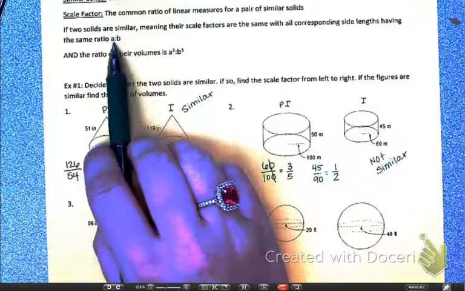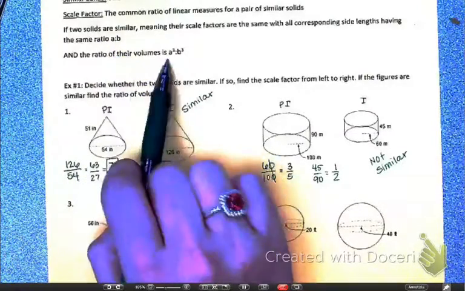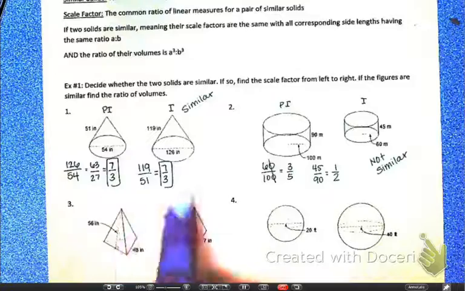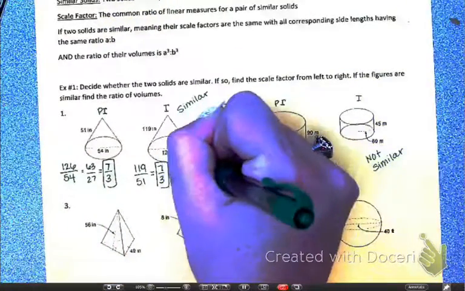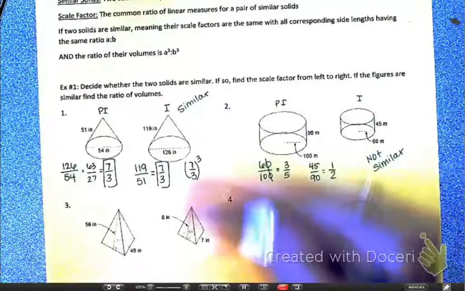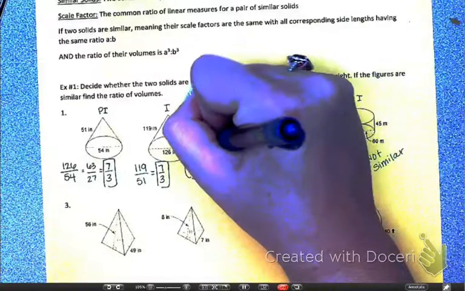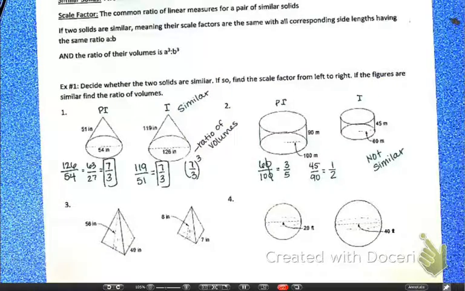My ratio is just those side lengths. When I'm finding ratio of volumes, I'm going to cube my scale factor. So for this one, when they're similar, we're going to take our scale factor and cube it. This gives us our ratio of volumes, which means if I knew what the volumes of both of these figures were, I'm finding this scale factor for those volumes.